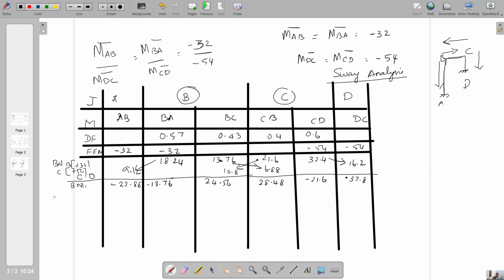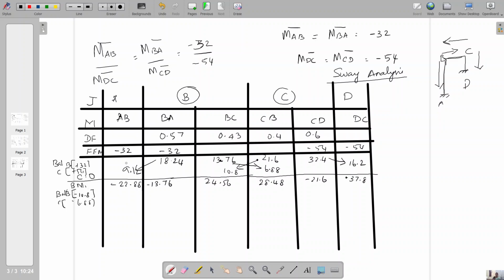And further you balance B as minus 13.76 plus 24.56. So you have to consider minus 10.8 for the balancing. For the C, you consider minus 6.88.